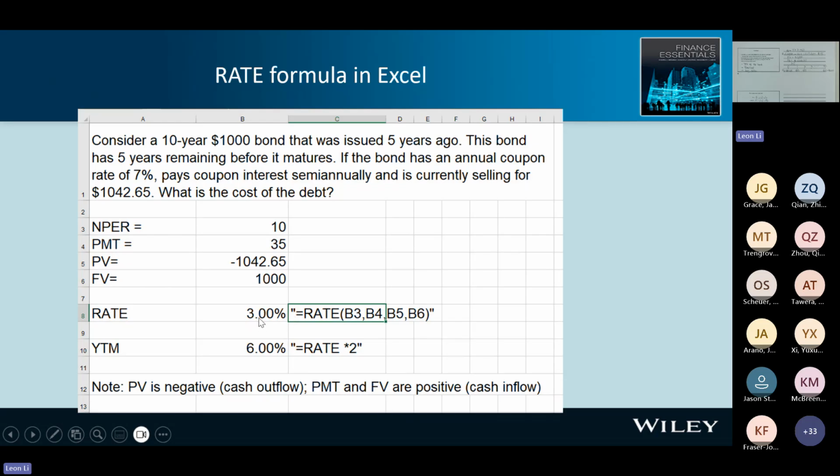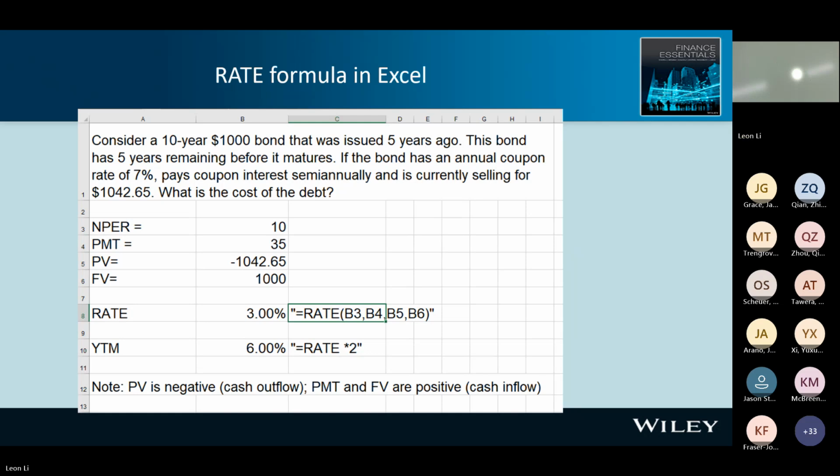This is the number, 3%. But our yield to maturity, 1 year rate, is 3% times 2. Right, 3% times 2. So I hope you are okay with the calculation. Again, for me, the timeline could be the most important step when you do a finance question.